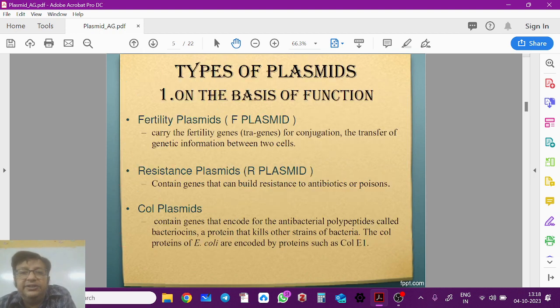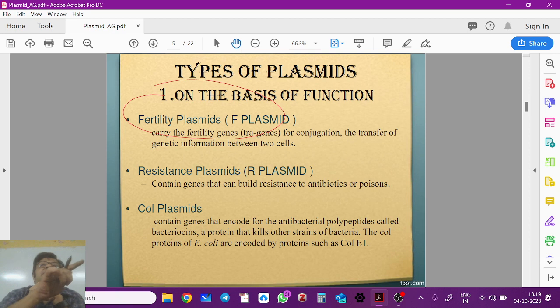The next slide is types of plasmids. First are the fertility plasmids. They carry fertility genes. In paramecium, which you must have read about, a process known as conjugation occurs, where two opposite strains come beside each other, a conjugation tube is formed, and DNA is transferred from one paramecium to the other.